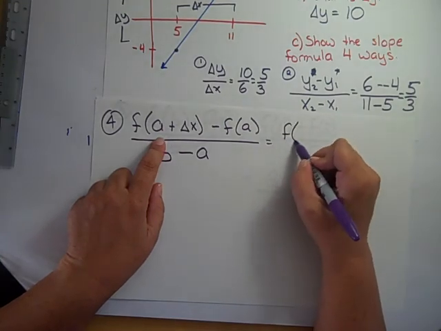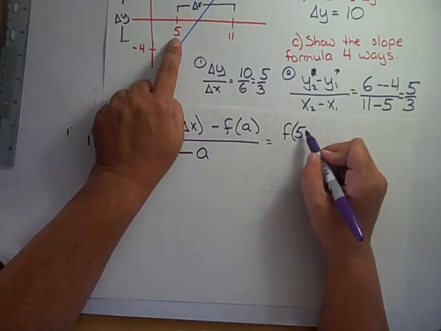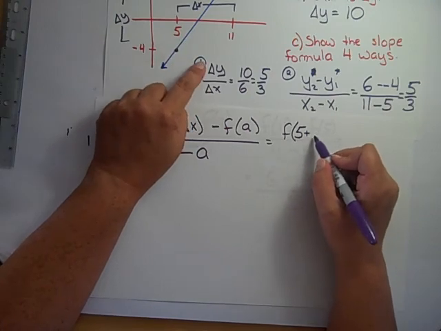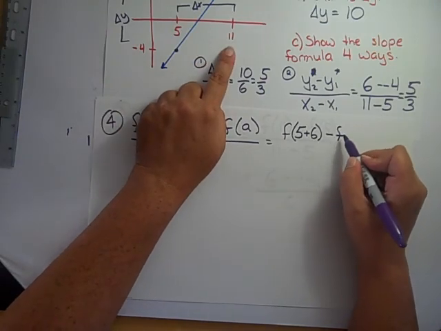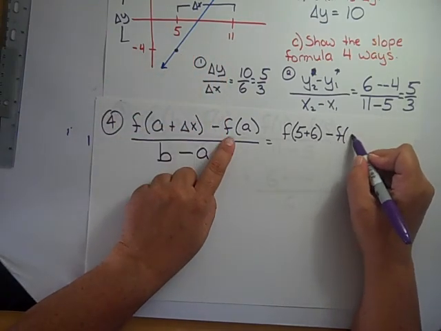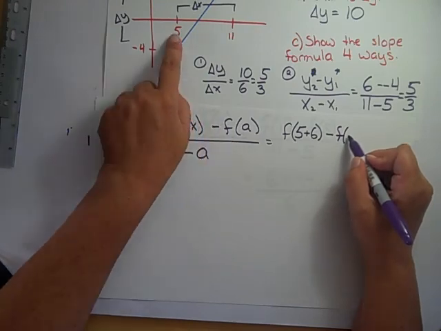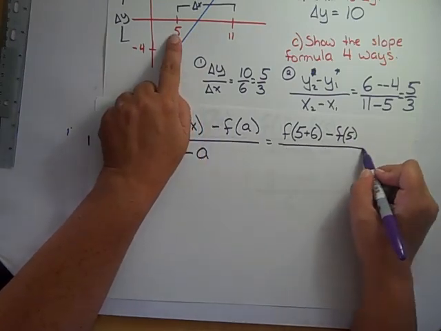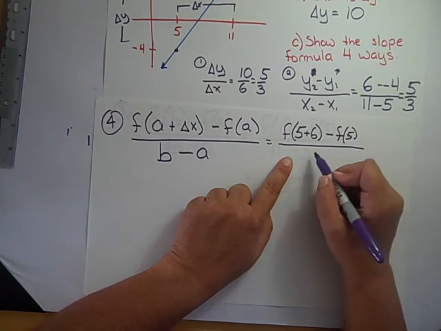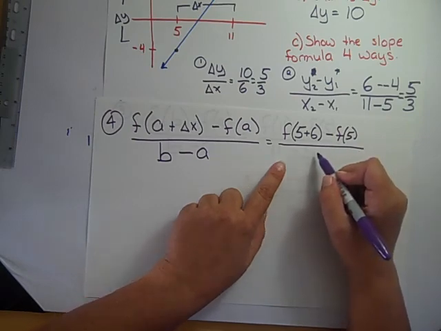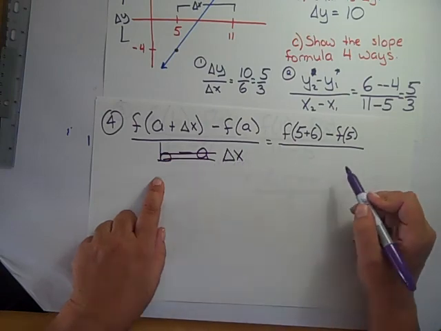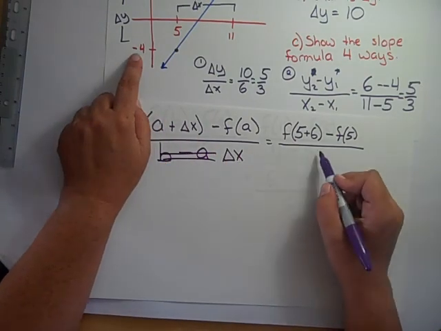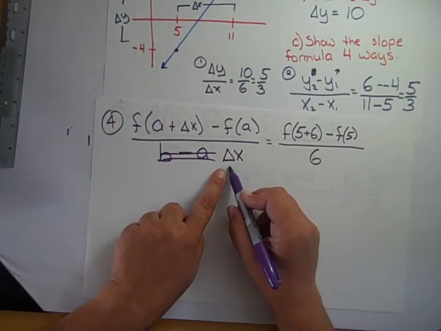That would be f of a plus delta x, which was 6, minus f of a, so f of a, f of 5, over b minus a, or I guess I probably should have put delta x there, huh? So delta x, which is 6. Sorry, that was an error, so that should have been delta x.